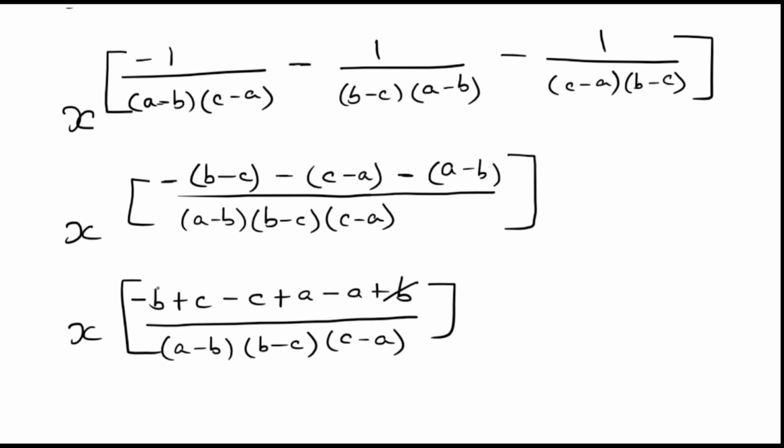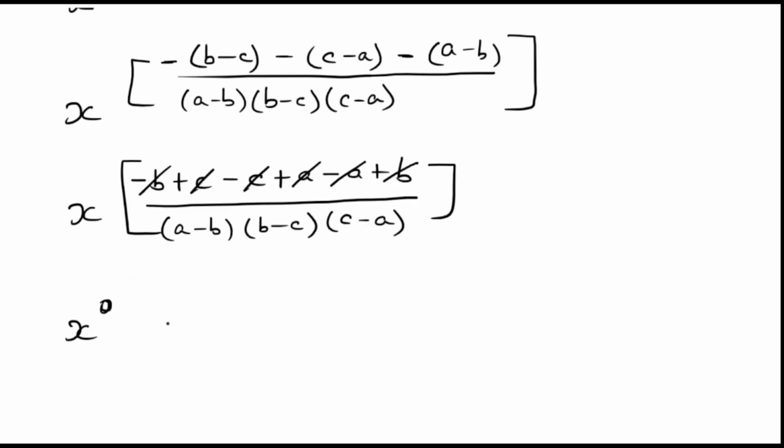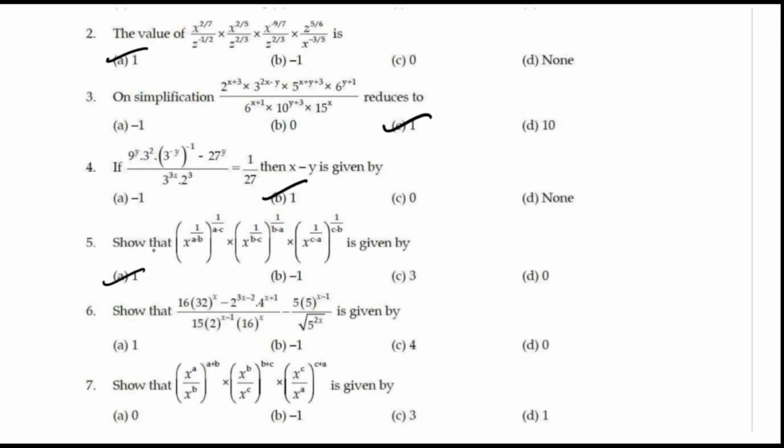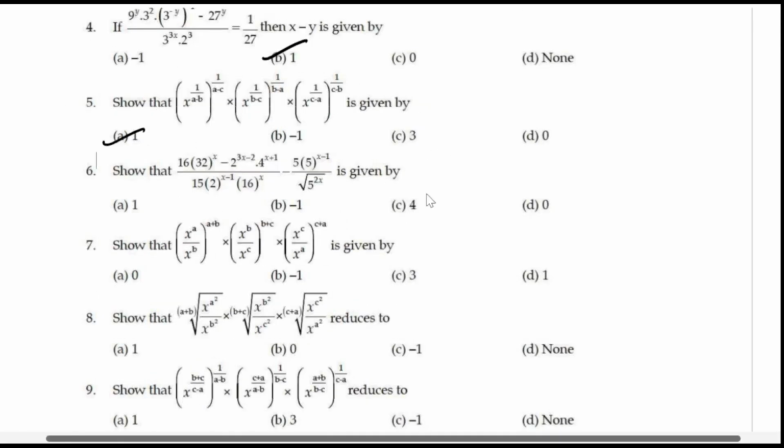So plus b and minus b will get cancelled. C minus c and a minus a. We'll get x to the power 0, which is 1. Option number A. So question number 6.